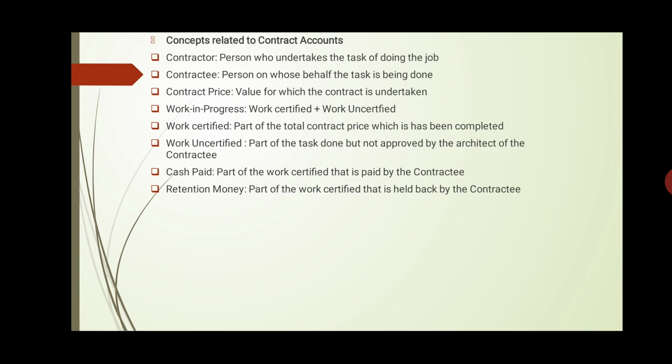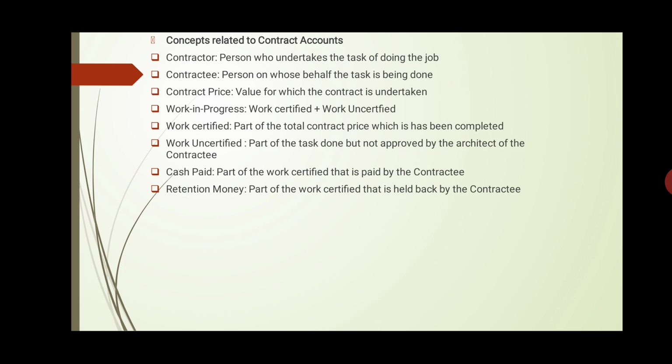Now moving on to certain concepts which I have already discussed with you with an example. Who is a contractor, who is a contractee. Contract price means the value for which the contract is undertaken. Work in progress is the sum of work certified and work uncertified. Work certified is the part of the total contract price which has been completed as well as approved.